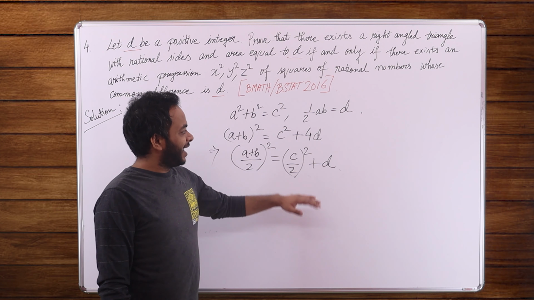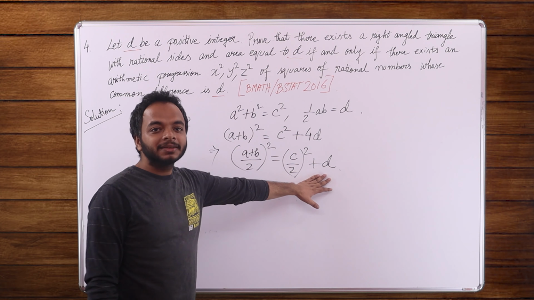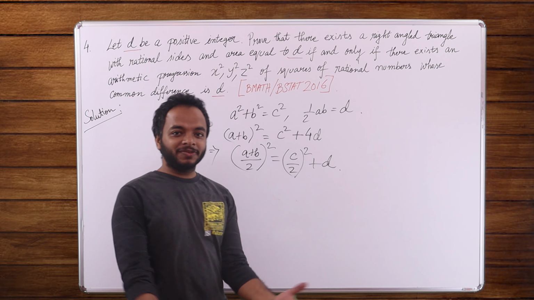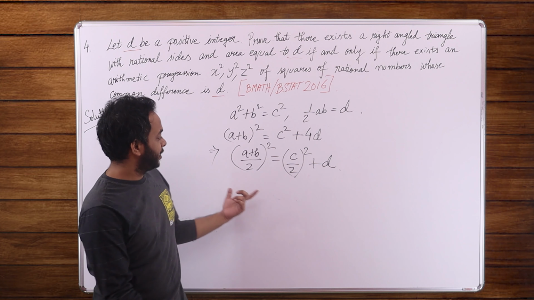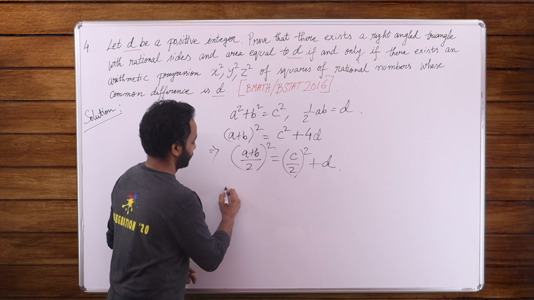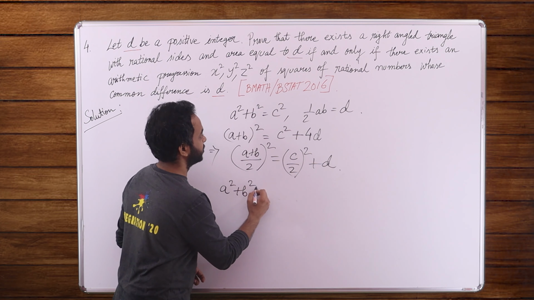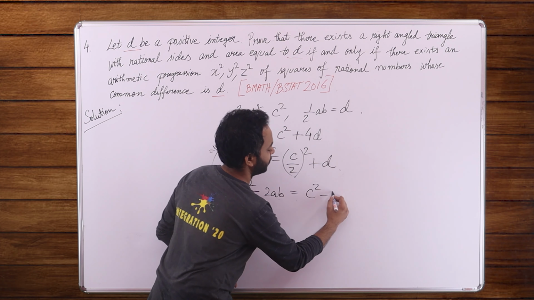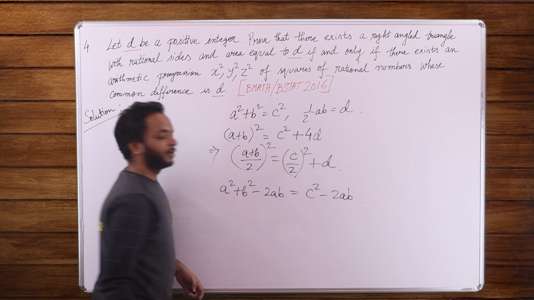So you see, we added this ab on both the sides, so we get plus d. But what if we just subtract 2ab on both the sides? So let's see, a square plus b square minus 2ab is equals to c square minus 2ab, right?